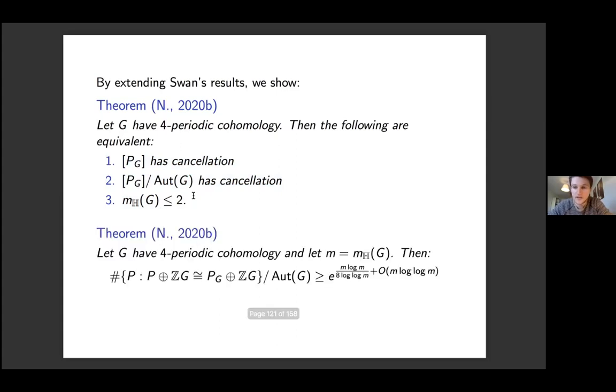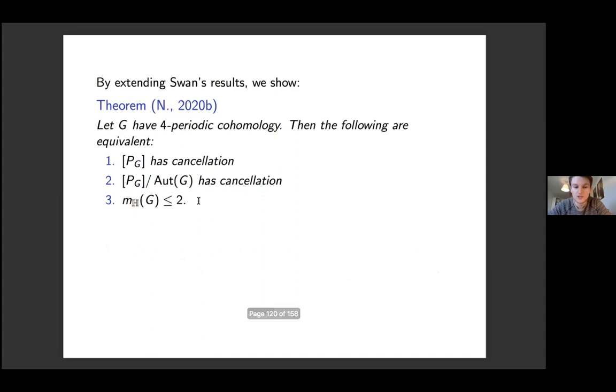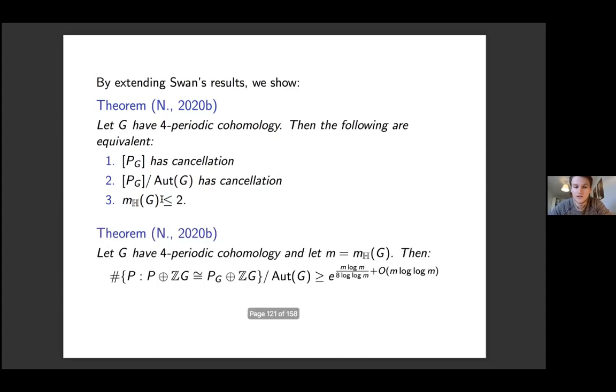Okay, and the second result. This first one basically determines when cancellation occurs precisely. But what about in the case where MH of G is very large? How badly does cancellation fail in those cases? That leads me to the second result, which is that if M is the number of one-dimensional quaternionic representations, then the number of non-cancellation examples, so the number of P such that P is stably isomorphic to PG, even quotiented by the action, is basically this really, really massive thing.